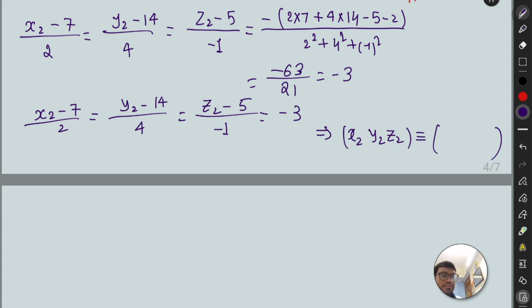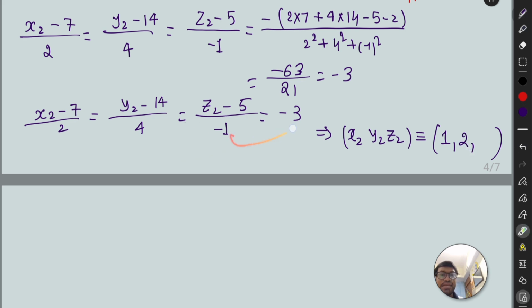See, 2 into negative 3 is minus 6, minus 6 plus 7 will be 1. So x2 will be 1. And 4 into minus 3 is minus 12, minus 12 plus 14 will be 2. So y2 will be 2.